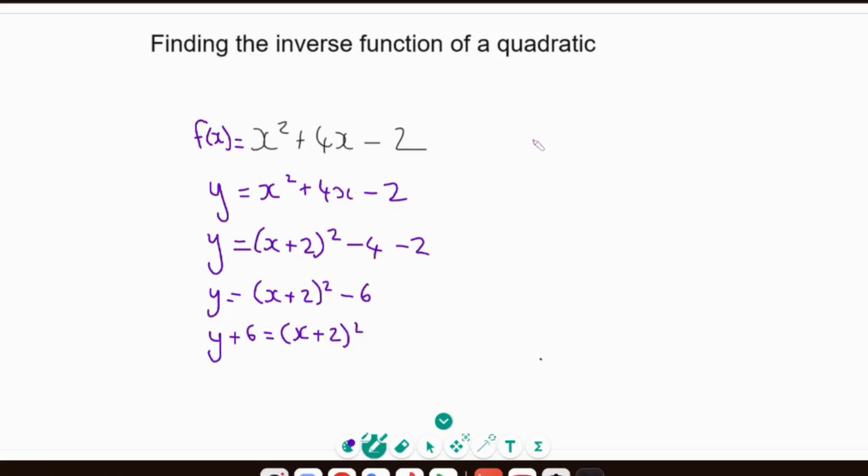Square root both sides, remembering you can have a positive or negative square root. And now minus 2 from both sides. And find the inverse function.